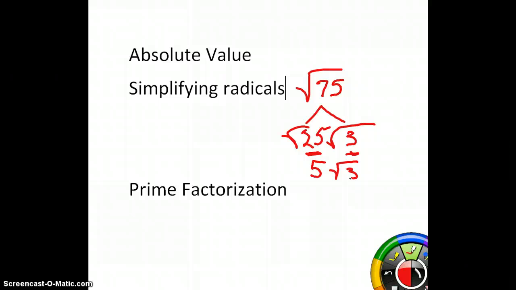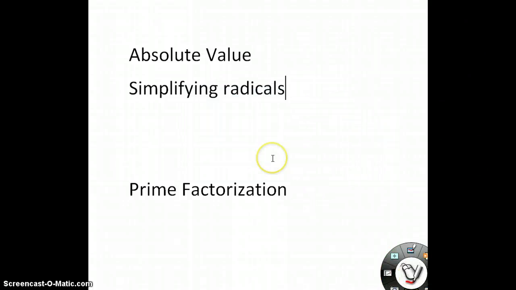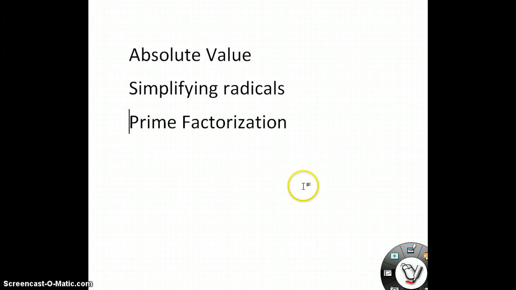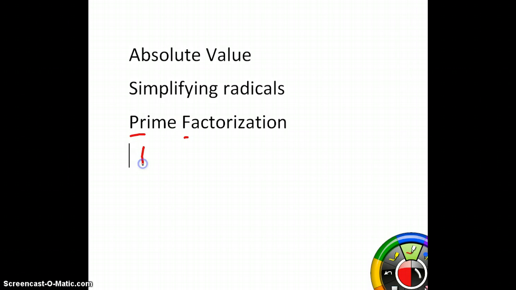And then the prime factorization, that is a term that I think I'm just going to give you an example of. It's kind of a vocab idea, and the vocab here is, let's remember what prime means. Prime is a number that only has 1 and itself as a factor.